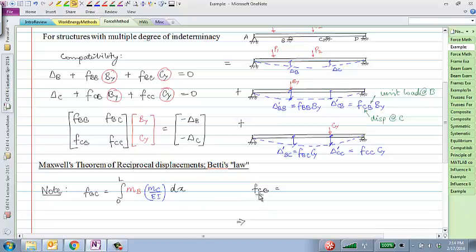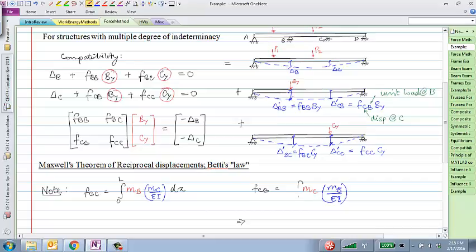And on the other hand, if I write FCB, then I'm measuring the displacement at C due to the real load at B. To calculate the displacement at C, I would apply a virtual load at C, find the bending moment diagram due to this virtual load at C, and call that MC, and multiply that bending moment diagram due to a virtual load at C with a real curvature due to the bending moment because of the load B, and that would be MB over EI.